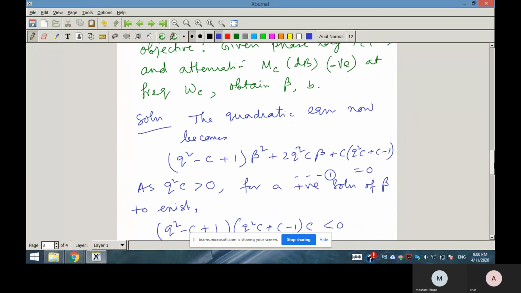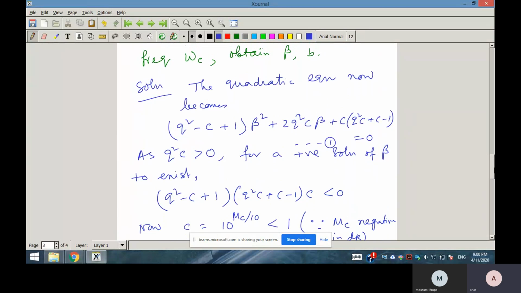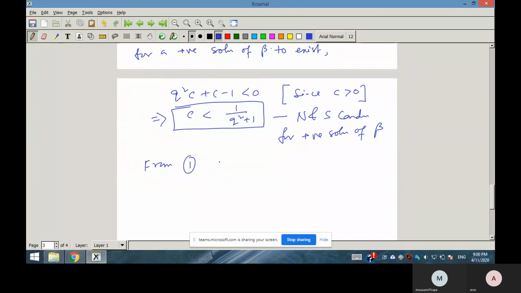If you take Q square common, equation 1 can be written like this: Q square into beta plus C, whole square, equal to C minus 1 into beta square minus C. Please check whether I am correct or not.